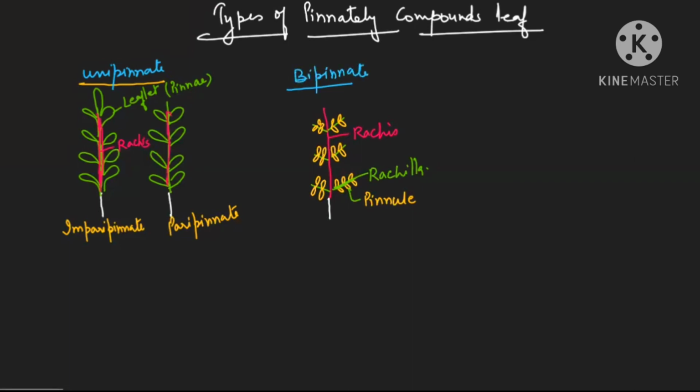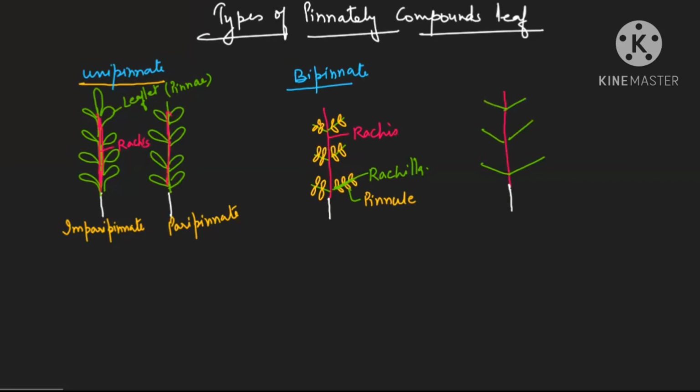Now again check the diagram. This is your rachis. I was using this color for the petiole. This was for rachilla. These were all rachis and rachilla.